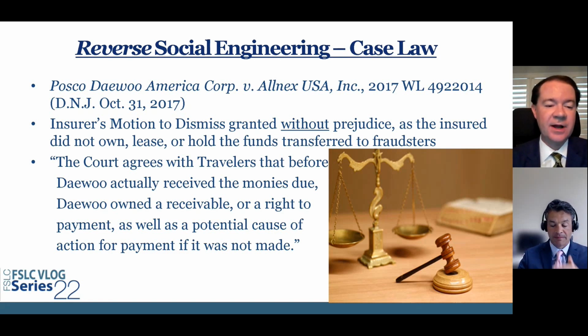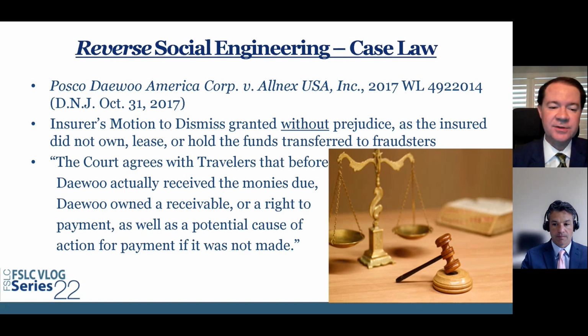The insurer here immediately filed a motion to dismiss under Rule 12, and it was granted without prejudice, allowing the insured to amend its pleading, as the court found that the insured did not own, lease, or hold the funds that were transferred to the fraudsters. Those funds were owned by the vendor, not by the insured.